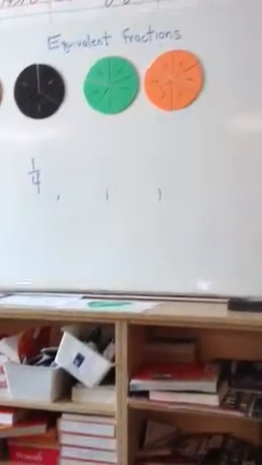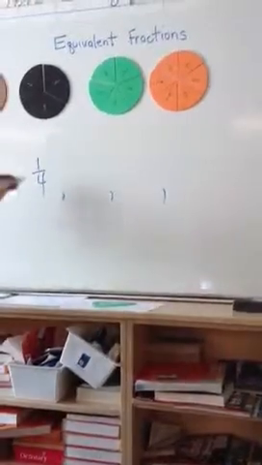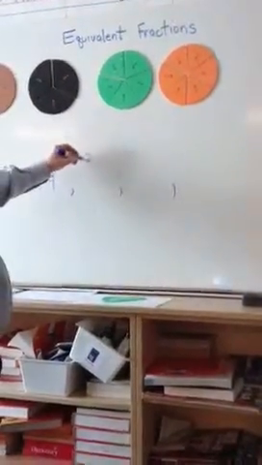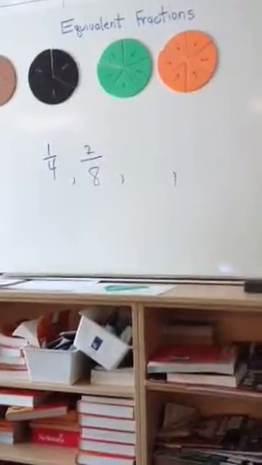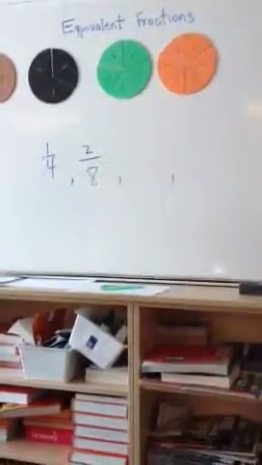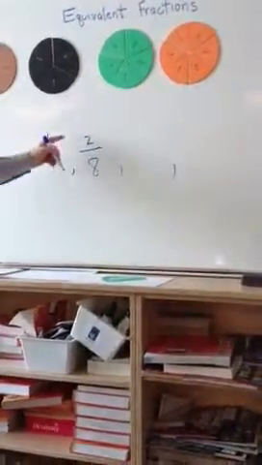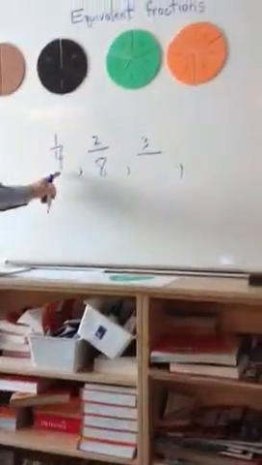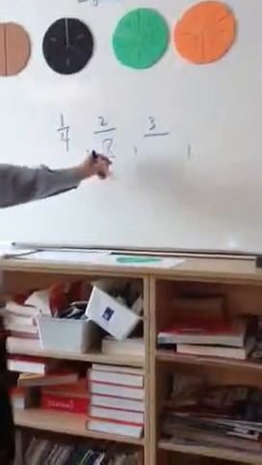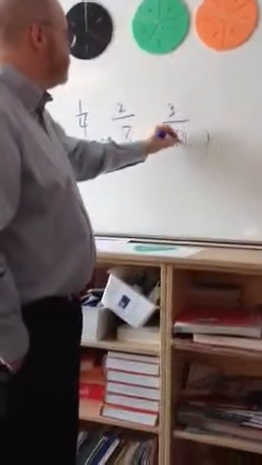If we multiply both the top and the bottom by 2, we get 2/8. Then we can start to see a pattern emerge: 1, 2, 3 on top, and the bottom is counting by 4, so 4, 8, 12.